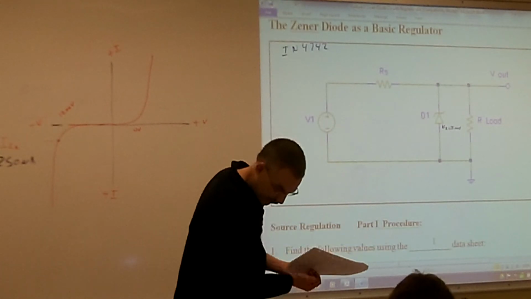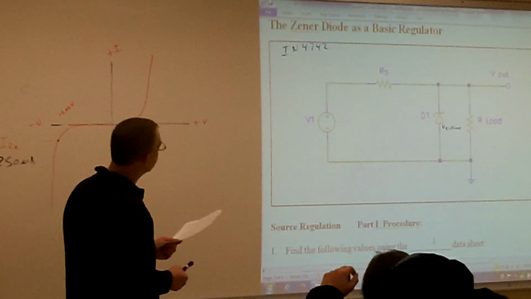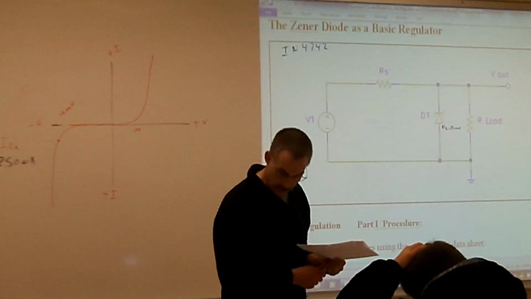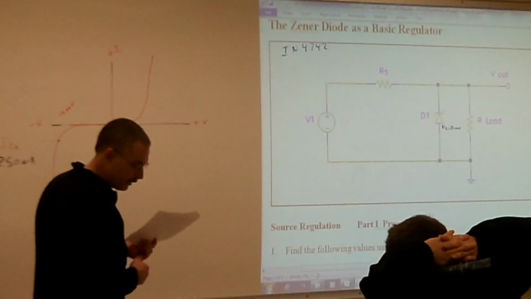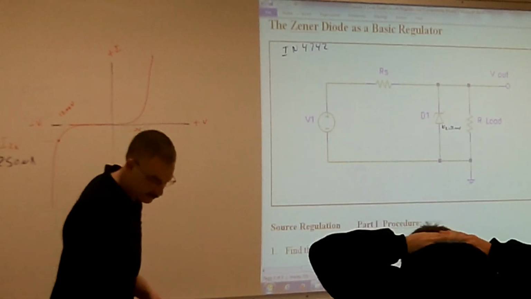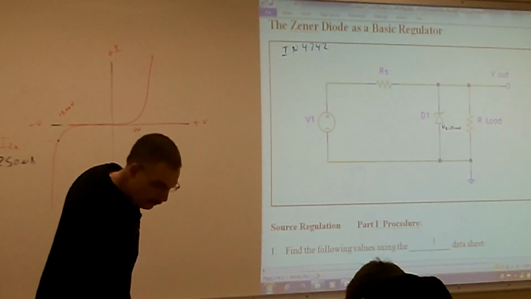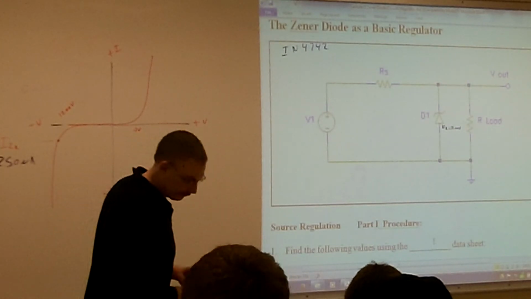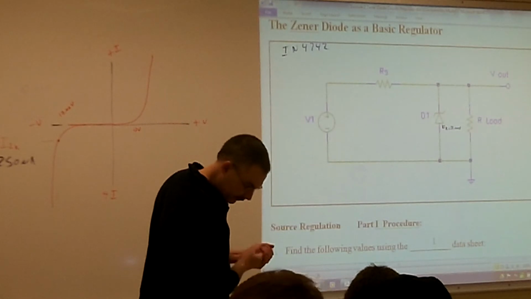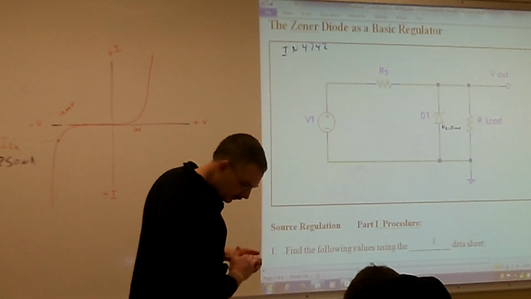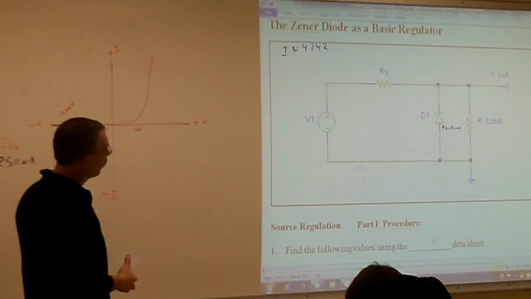And then what's the power of this diode? What's the maximum power that I can have going across this diode? Look on your data sheet and find out what the maximum power is across this diode. Don't look too far down.